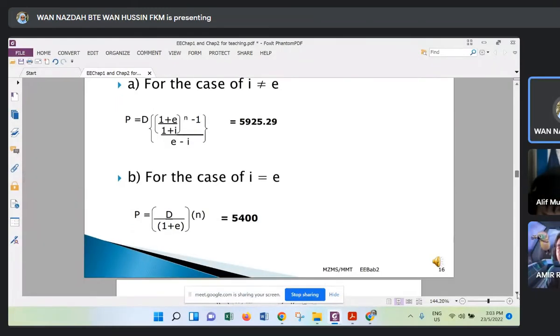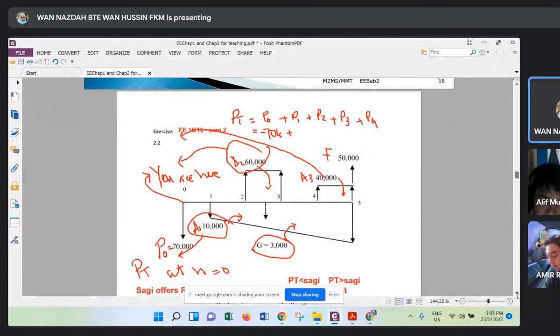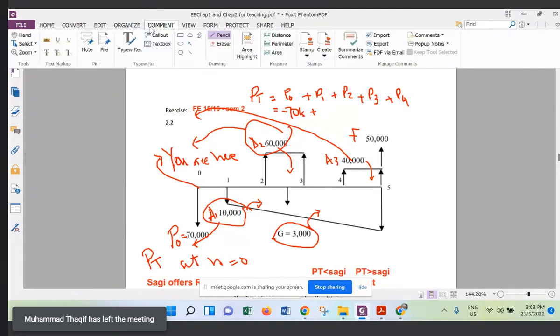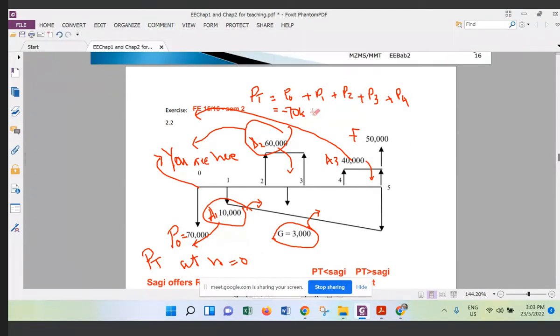Ya, betul. You are correct. So what is the total for P1? Okay, can you give me the total for P1? Oh, aku malas dah benda ni. Mampus lah. So P1 is minus. So can I get the value for P1?